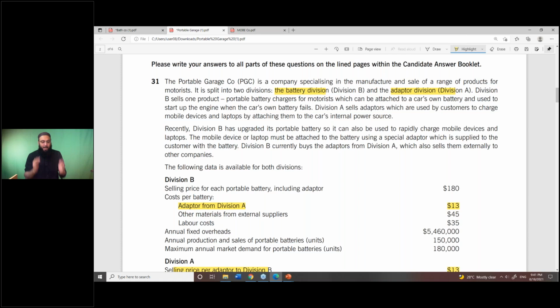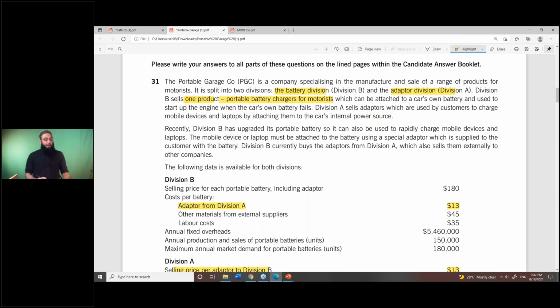Division B sells one product, portable battery chargers for motorists, which can be attached to a car's own battery and used to start up the engine when the car's own battery fails. Division A sells adapters which are used by customers to charge mobile devices and laptops by attaching them to the car internal power source.